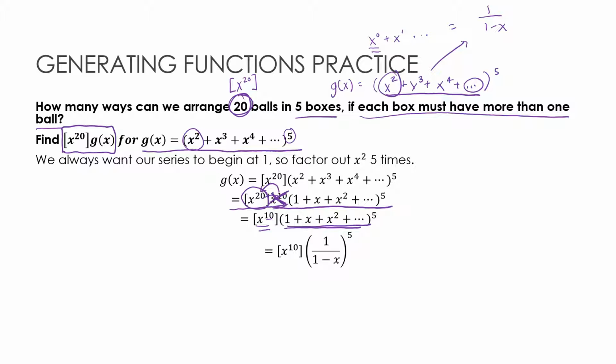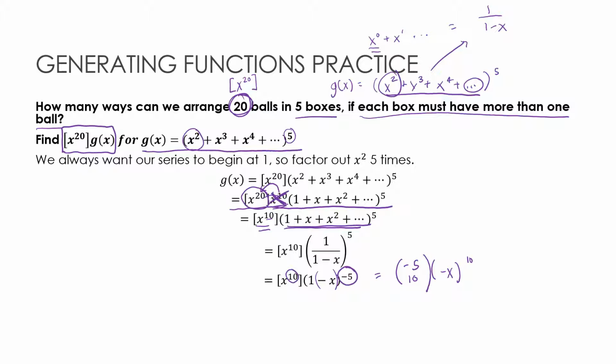From here, this should be like, oh yeah, I remember how to do this because we just practiced. Let's rewrite this as 1 minus x to the negative 5th. What does that tell me? That means negative 5 choose 10 of what? Of negative x to the 10th.